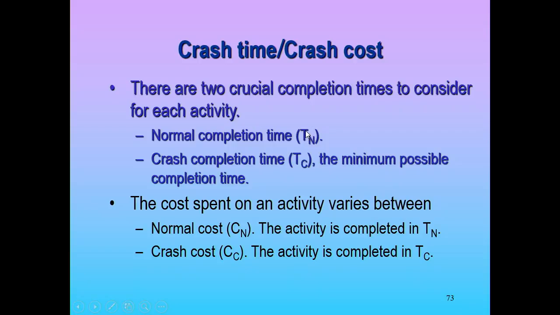Sometimes they aren't, like 10 days, maybe 5 days. Every activity has a normal cost, C sub n, that if you spend that amount of money, you'll get it done in the normal time. It also has a C sub c, the crash cost, to get the activity done in T sub c, the crash time.